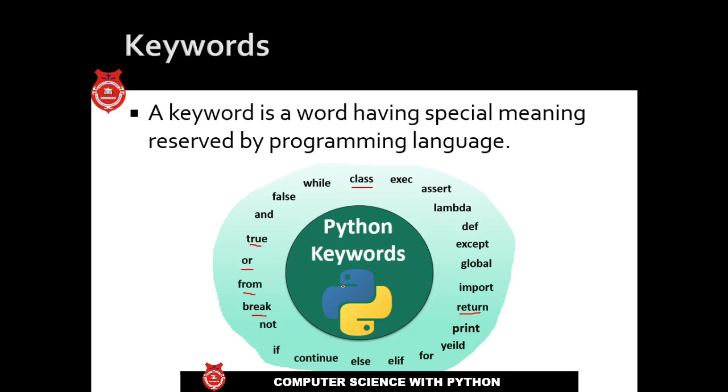All these are the existing words in Python, and you cannot use them for other purpose because they already have some special meaning. So they are known as Python keywords. Python keywords cannot be used for other purpose except its own specific purpose, which is already existing in Python programming language. I hope it's clear.